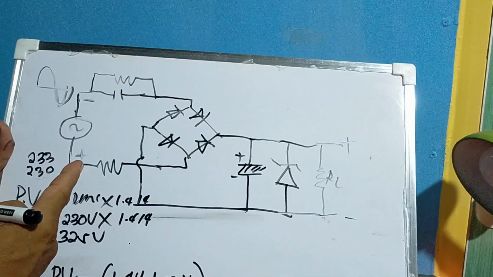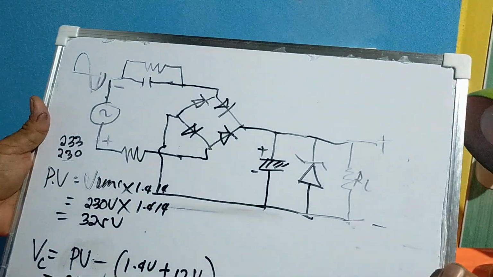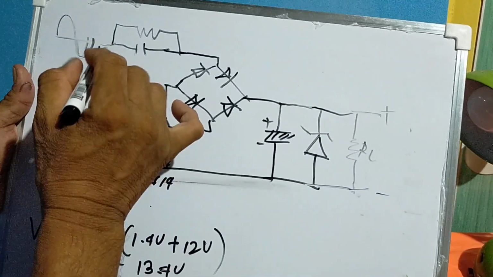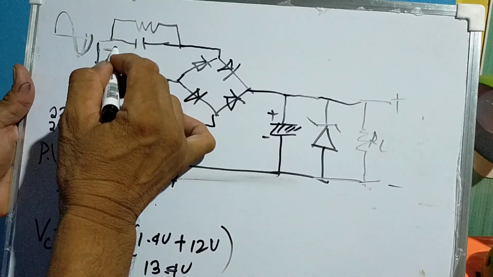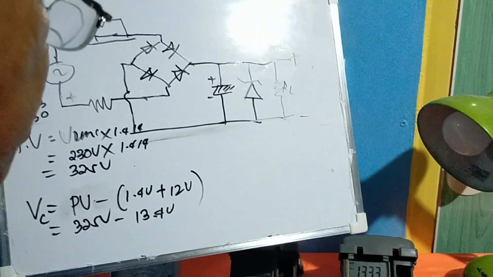Negative, positive. So we will adapt the flow of electrons, not the conventional flow, which is the flow of the protons. So the current would flow here. It flows here.